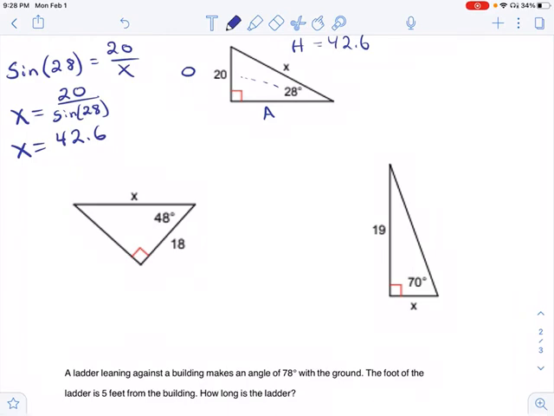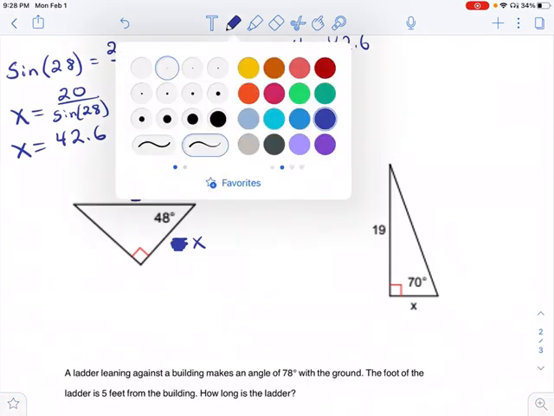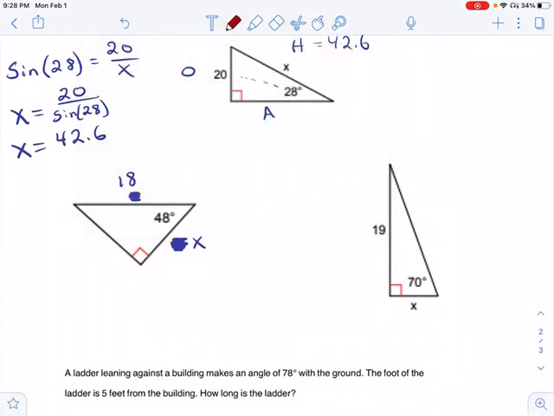So I'm going to swap this one on you, so just kind of pay attention to this first. I'm going to make it so that the adjacent side is what I am looking for. So I'm just kind of completely changing that question. So make sure that you redraw those numbers on your own triangle, otherwise this isn't going to make a lot of sense. And I'll let you know why I did that in a second.